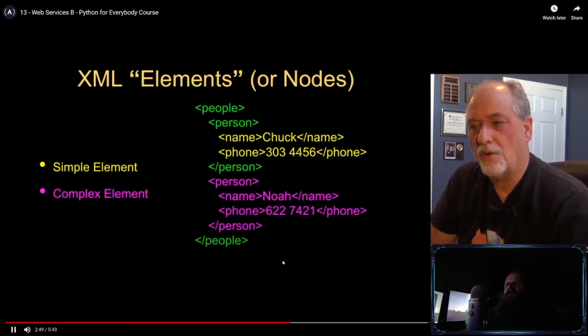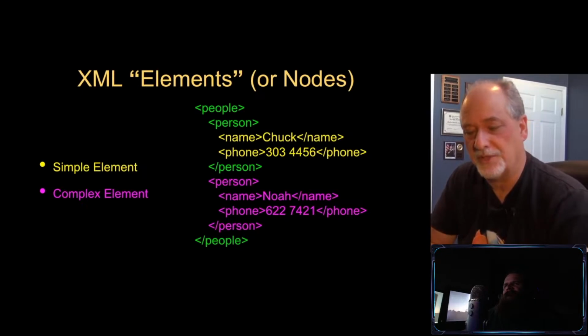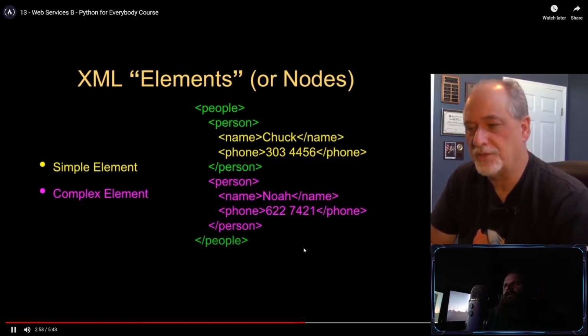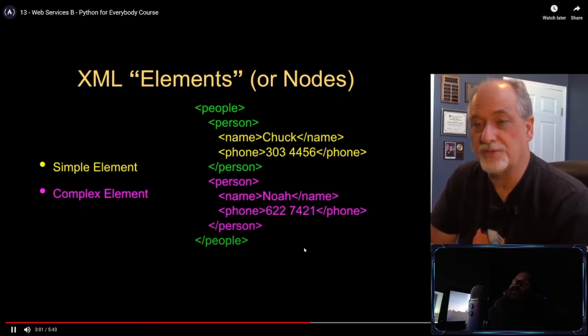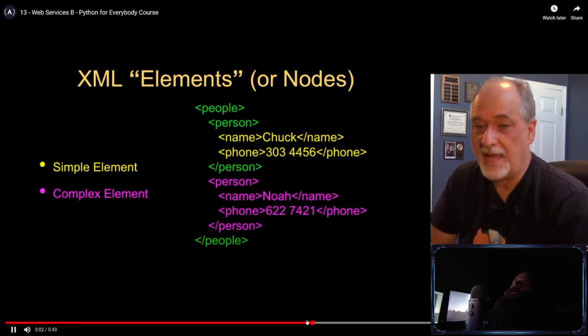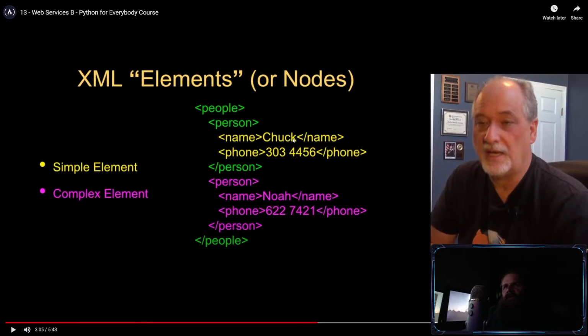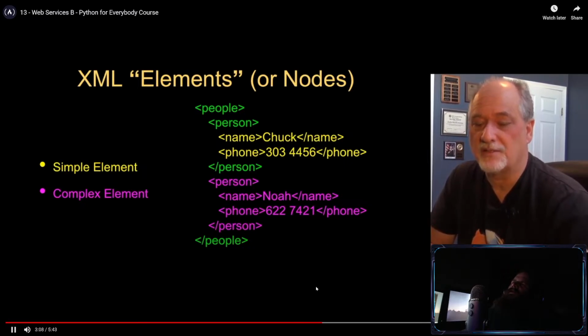So one of the concepts is that there is a hierarchical structure within an XML document, and there are parent nodes and child nodes, and you can think of these as simple nodes that is a tag in some data, or a complex element that has a tag that includes other tags, some child tags.